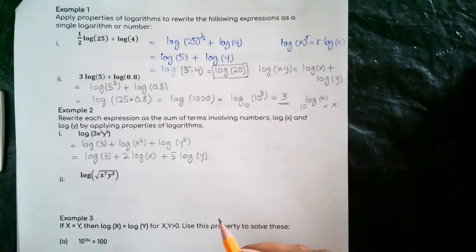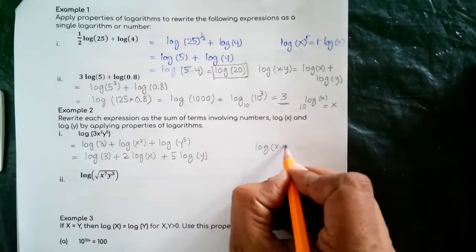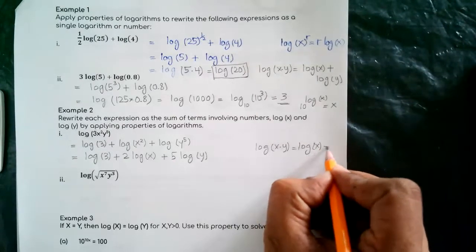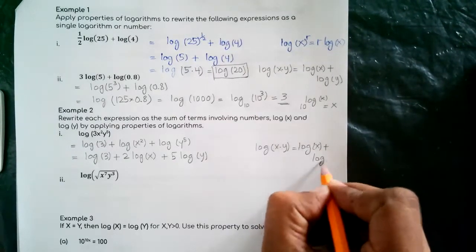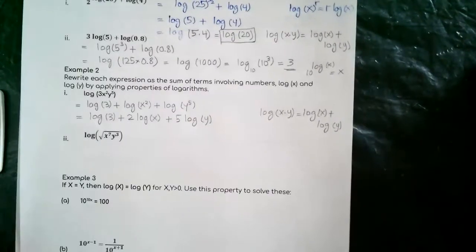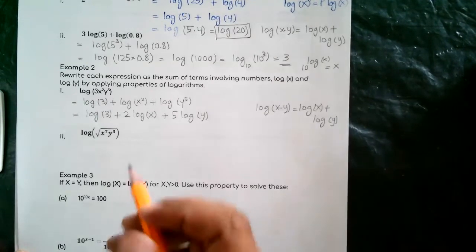Again, use the same property, log of x times y is equal to log of x plus log of y. Okay. Now let's do the second part. Log of x power 7 y cubed.